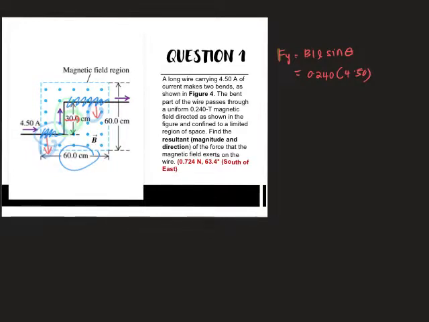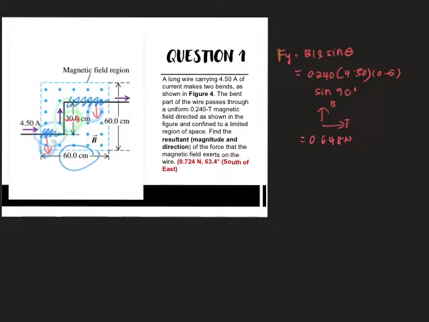So you put 0.6 there, and then sine 90 degrees, because the current is in that direction and the magnetic field in that direction, therefore they are perpendicular to each other. So you are going to get 0.648 Newton.